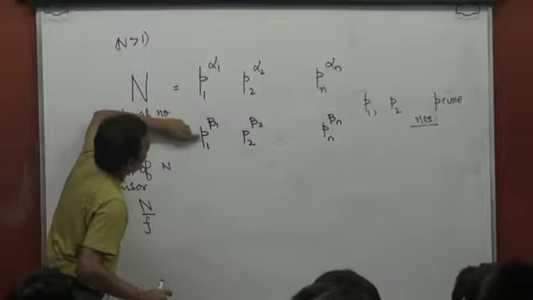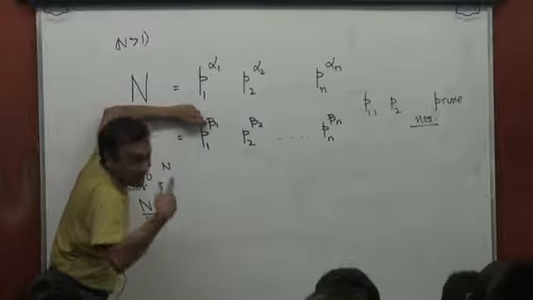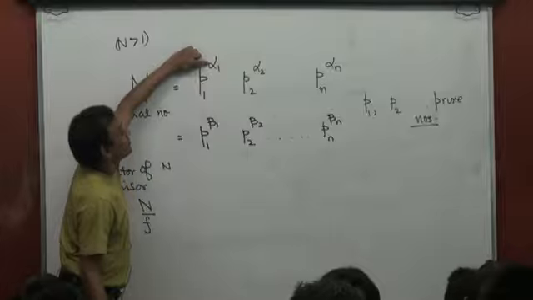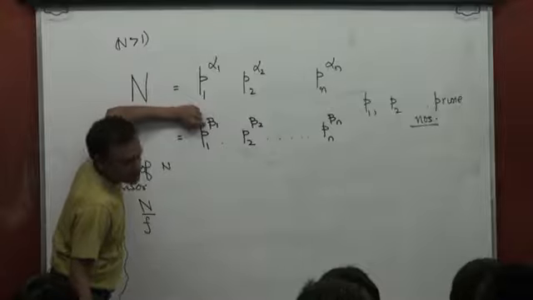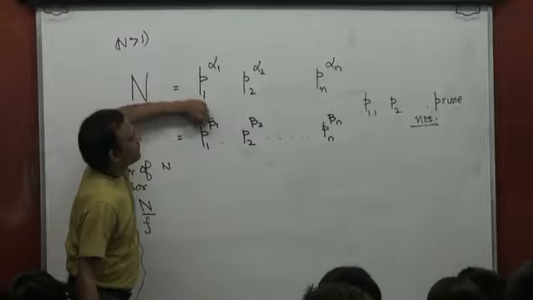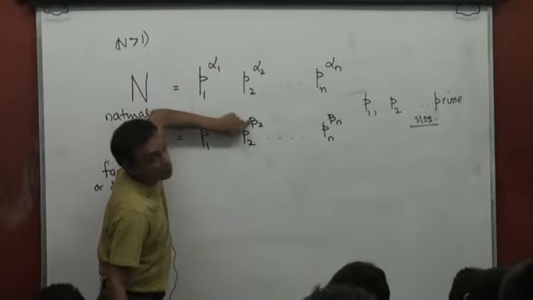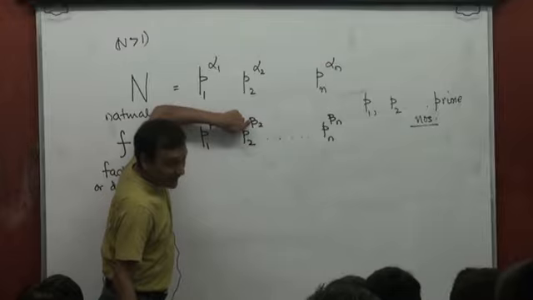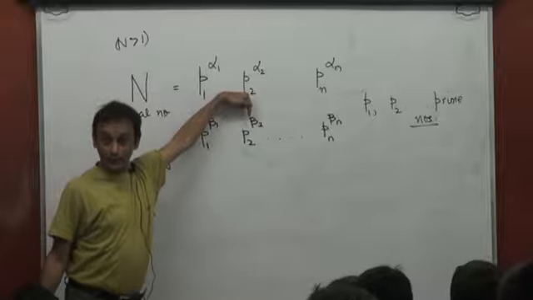That means P1 to power alpha 1 divided by P1 to power beta 1 will be an integer if alpha 1 is greater than or equal to beta 1. Yes or no? P2 to power alpha 2 divided by P2 to power beta 2 would be an integer if alpha 2 is greater than or equal to beta 2.